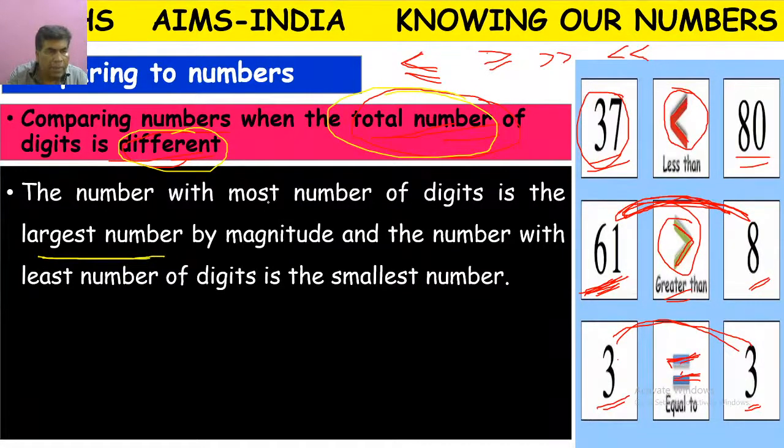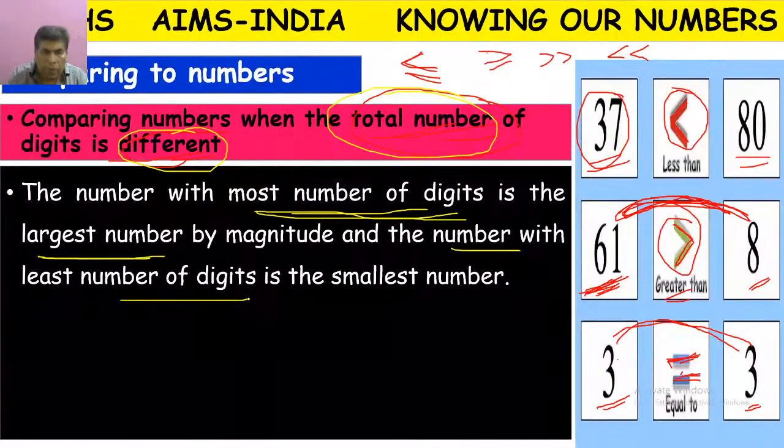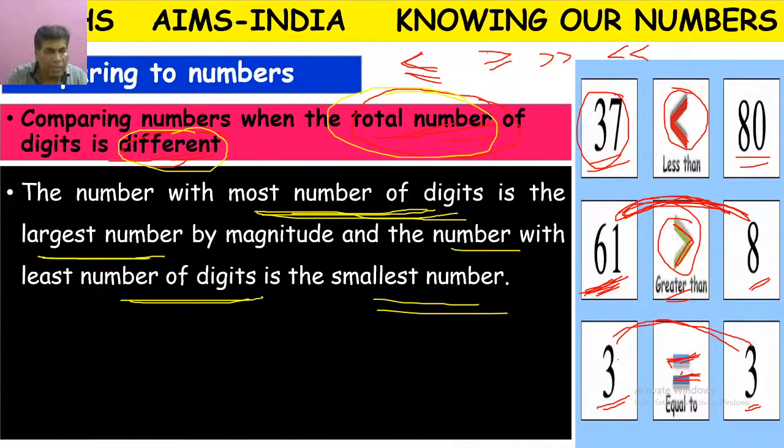The number having the most digits is considered the largest number. The number with the least number of digits is considered the smallest number, because the number of digits are different. So the number with the most digits is the largest number, and the number with the least digits is the smallest number.